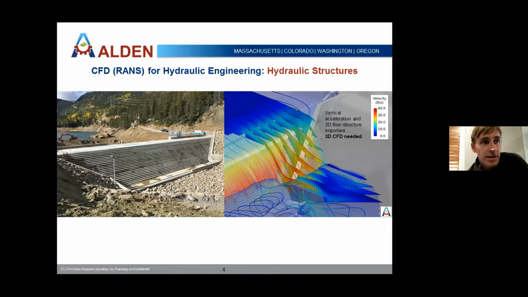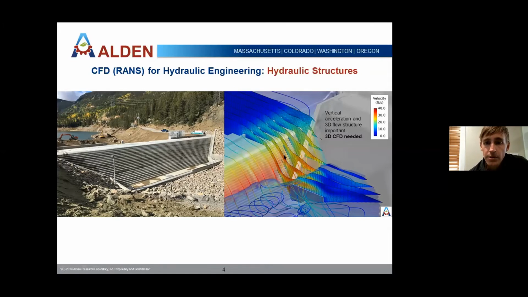So we're averaging the Navier-Stokes equations and essentially smearing out the turbulence. So we get a nice smooth flow field, but we have to parameterize the turbulence using an eddy viscosity model. So we're not really resolving the rich structure of the turbulent eddies, but we're including their effect in the turbulence model through, say, a K epsilon model or K omega or something like that.